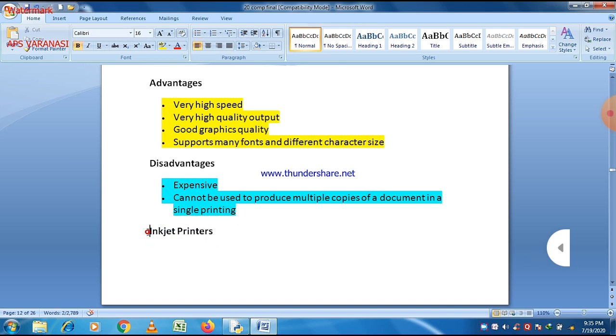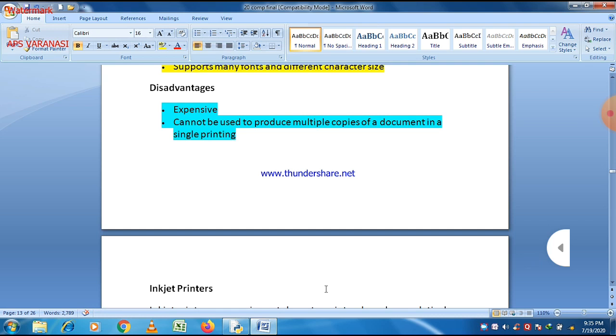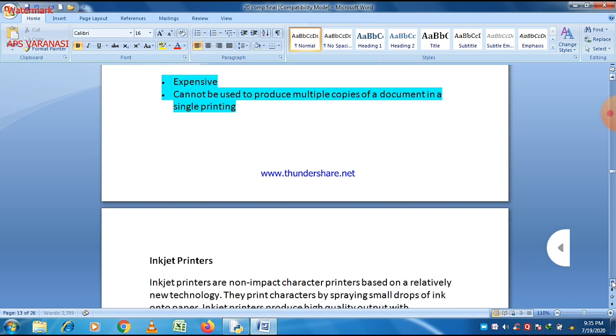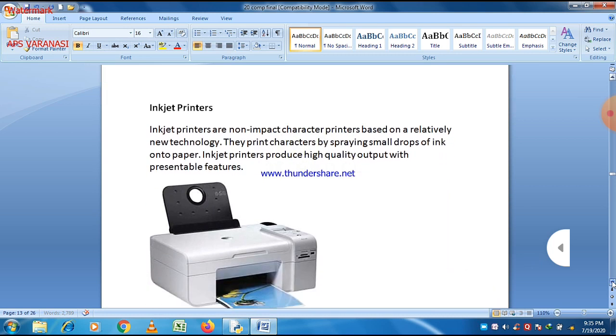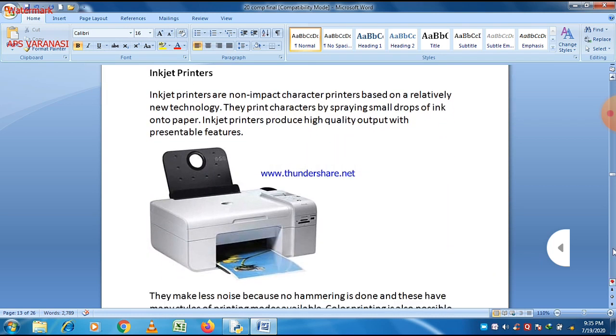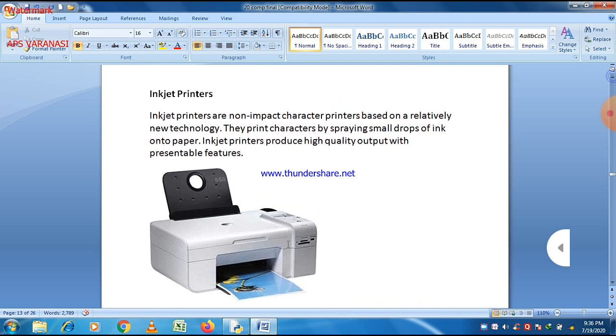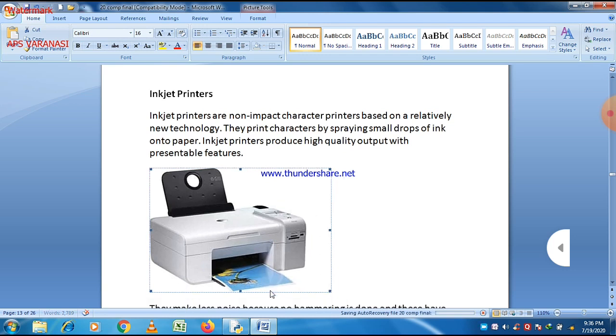Next is inkjet printers. An inkjet printer is totally different as far as technology is concerned as compared to a laser printer. An inkjet printer is also a non-impact printer. It means that it doesn't create any impact on a ribbon to print the character.